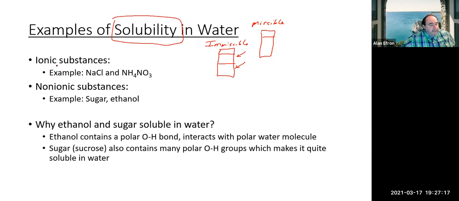Ionic substances are always soluble in water. Things that are non-ionic are also soluble in water, things like sugar and ethanol. So even though sugar and ethanol are not ionic compounds, they are still very soluble in water. And the real reason for why they are soluble in water is, if we draw the structure of something like ethanol, it will look something like this.